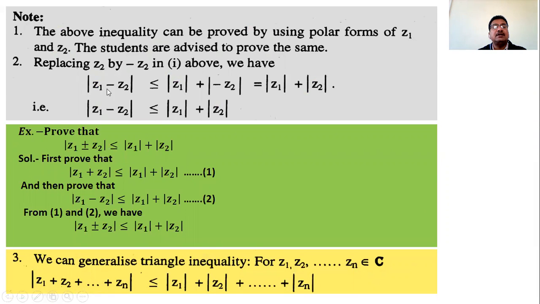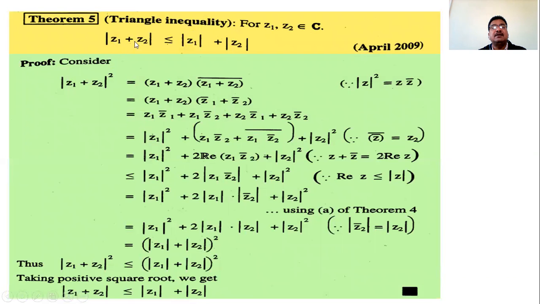Then what is the modulus of z1 minus z2? Suppose we write this z1 − z2 as z1 plus in bracket minus z2, and then apply the previous theorem that |a + b| is less than or equal to |a| + |b|.